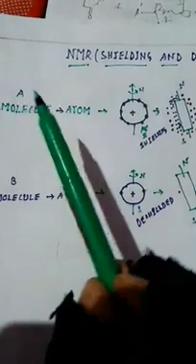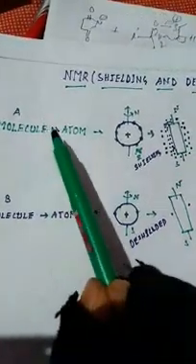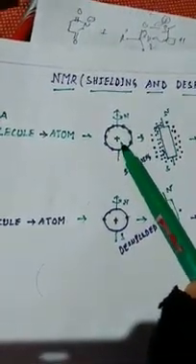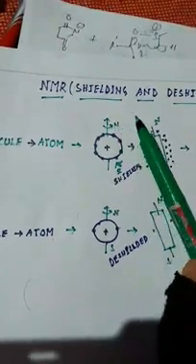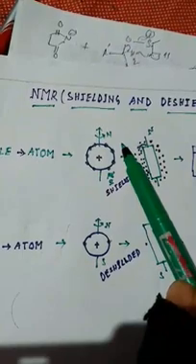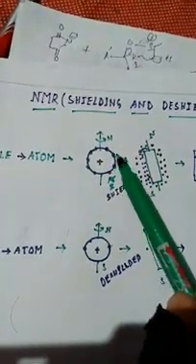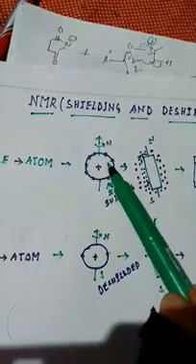Guys, let me discuss this again in another language. Suppose there are two molecules, molecule A and molecule B. So each and every molecule has atoms, and these atoms have a positive charge, that is the nucleus, which rotates on its own axis. And we know that if a positive charge rotates on its own axis, it creates a magnetic field.